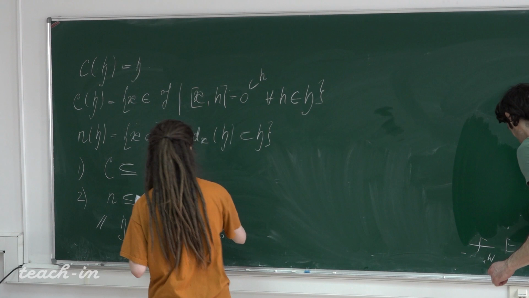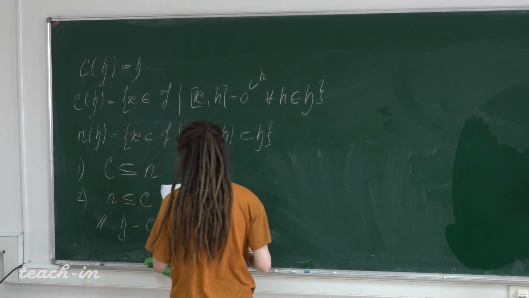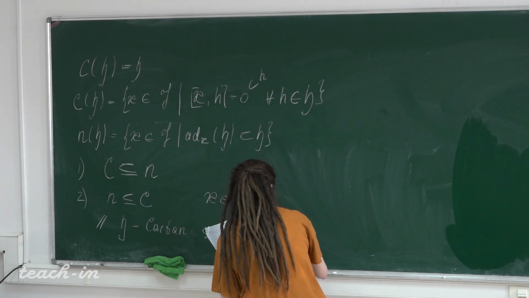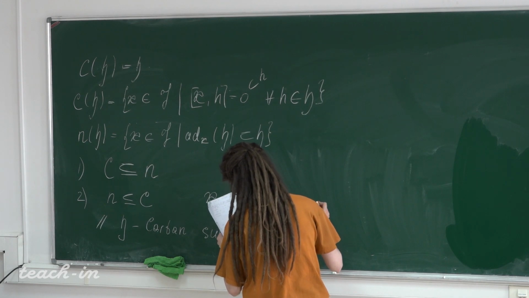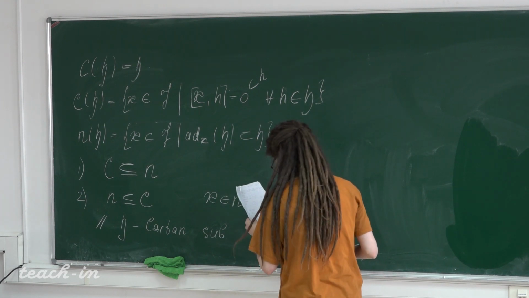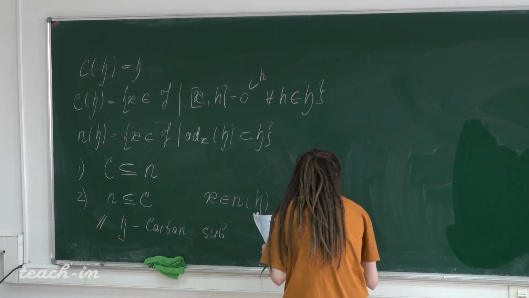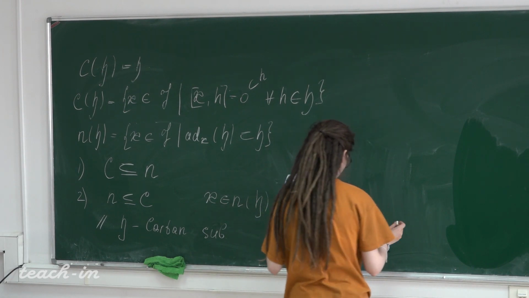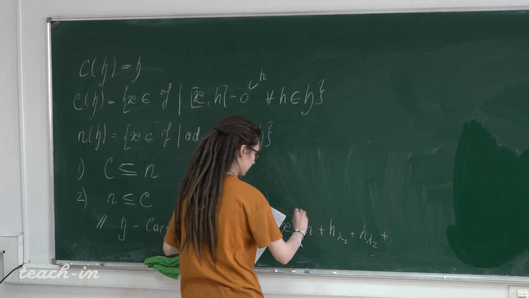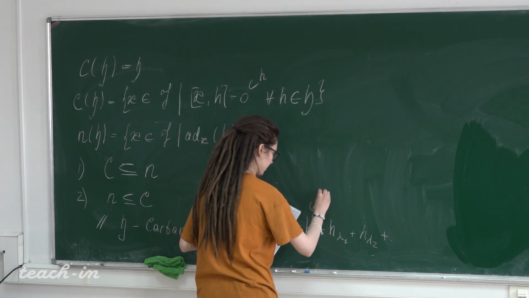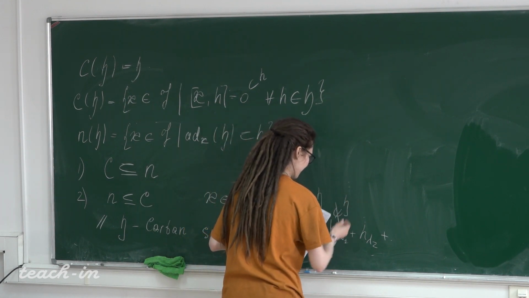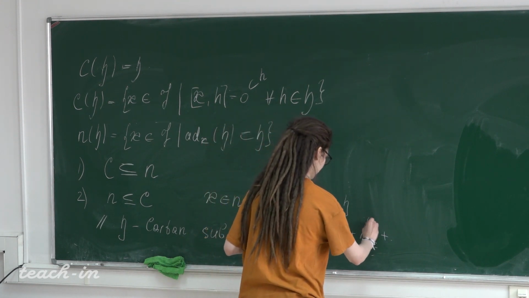So we consider an element x from N, and that element we write like x equals h plus h with index 1 plus h with index 2 and so on. This h is from H, and these others are not from H.